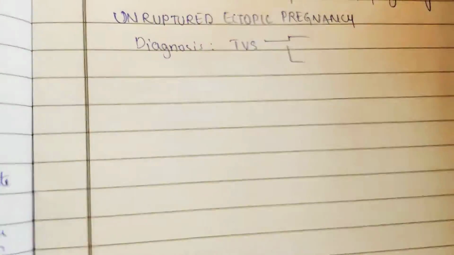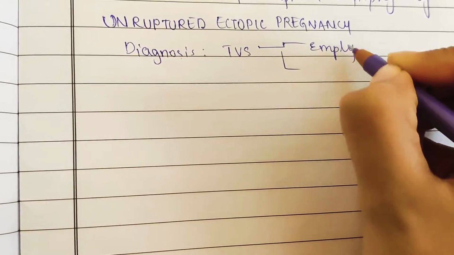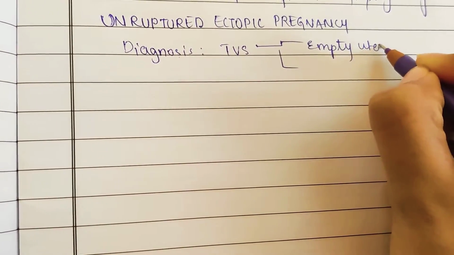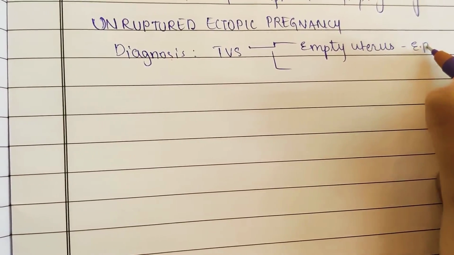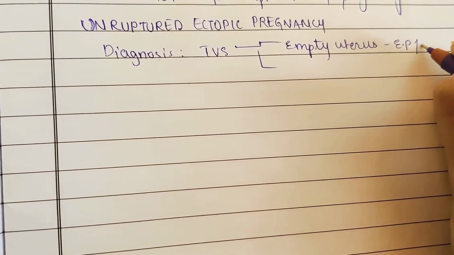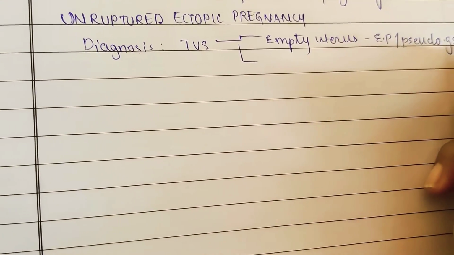In this TVS, if you see an empty uterus, then you can suspect an ectopic pregnancy. Empty uterus is the first sign, and the second sign it may indicate is pseudo gestational sac.